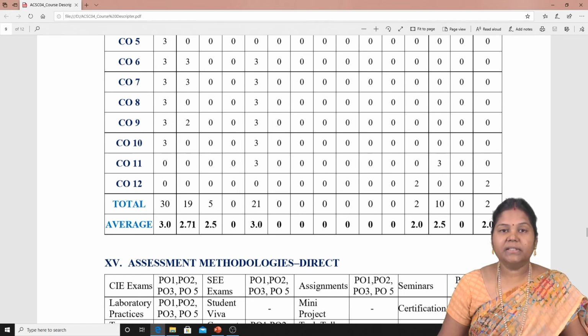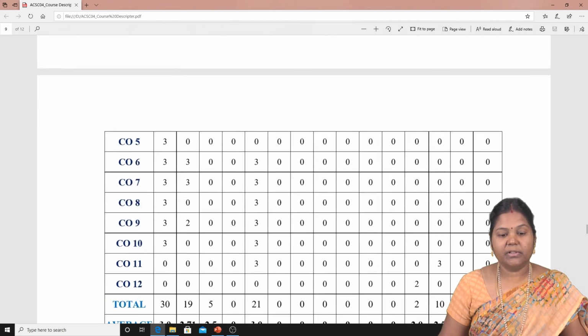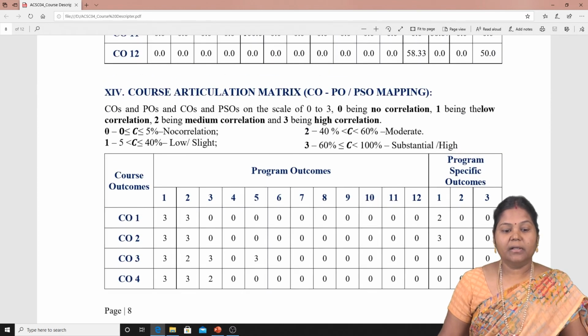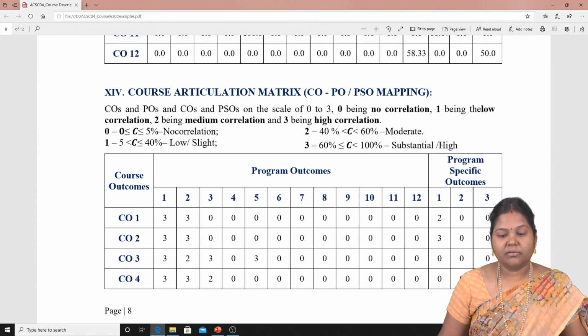You can see whether a particular PO is achieved or not with the help of the particular CO, and what the average score is. You can see the scale here. If you get a range of 40 to 60%, then you have achieved moderately. If it is less than 40%, 5 to 40%, then attainment is low or slight.